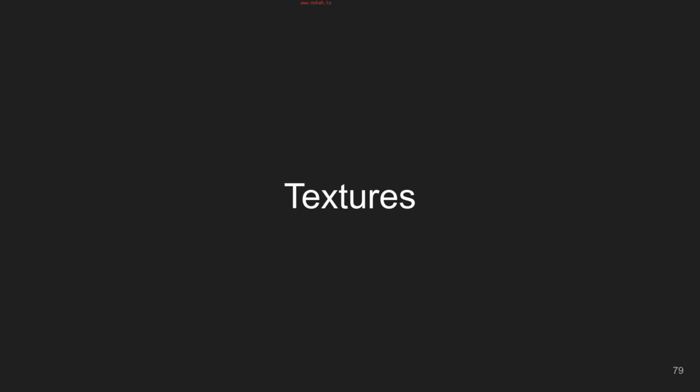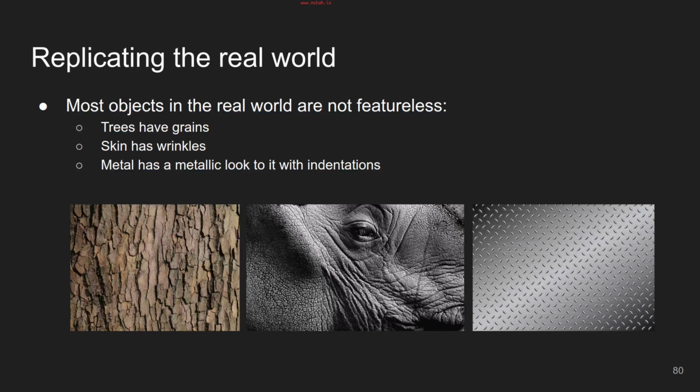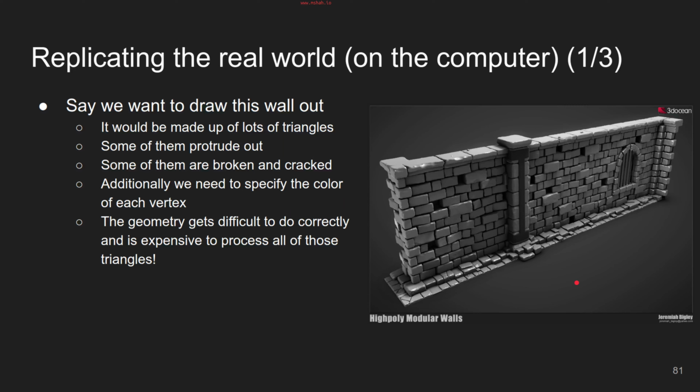For that, we're going to add textures, because most of the objects in the world aren't featureless. They aren't just bright or dark or a single color. Trees have grains to them. Your skin, this elephant's skin, has wrinkles. Metal has little indentations in it that make things interesting.